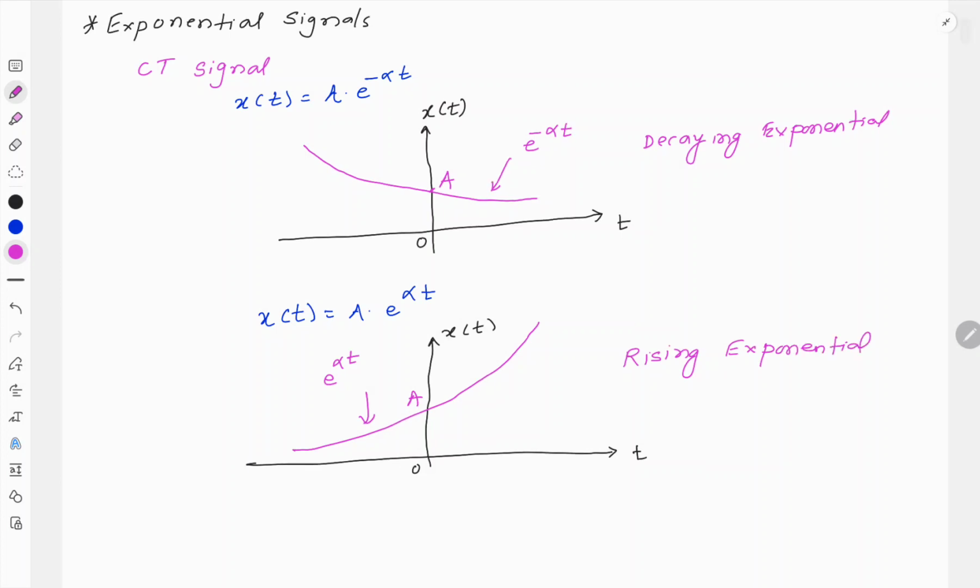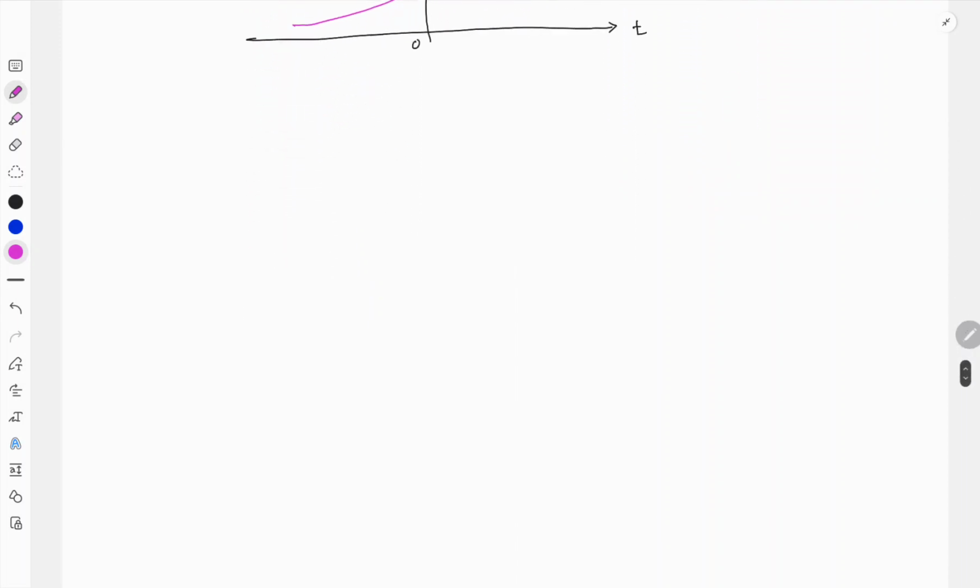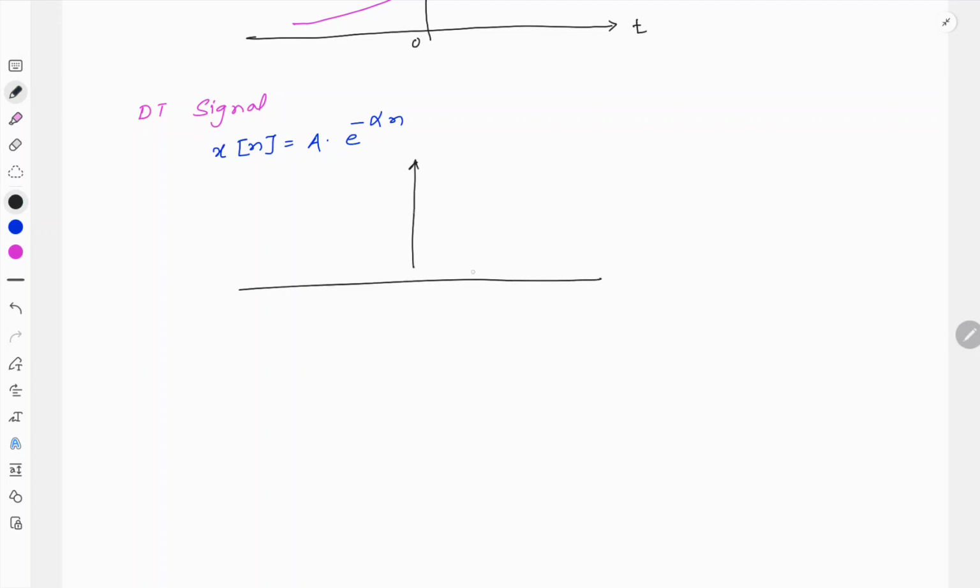Similarly, in discrete domain, we will represent these signals as x of n equal to a into e raised to minus alpha n, and signal will be drawn as, so mark the points.